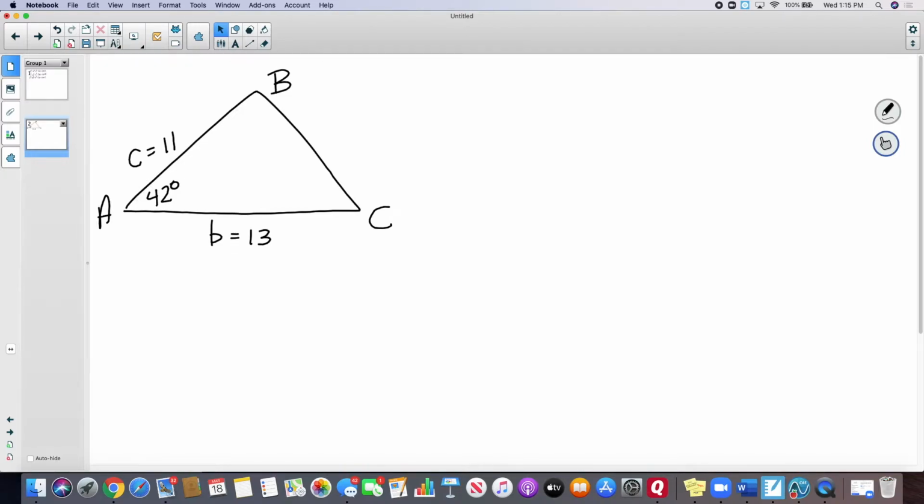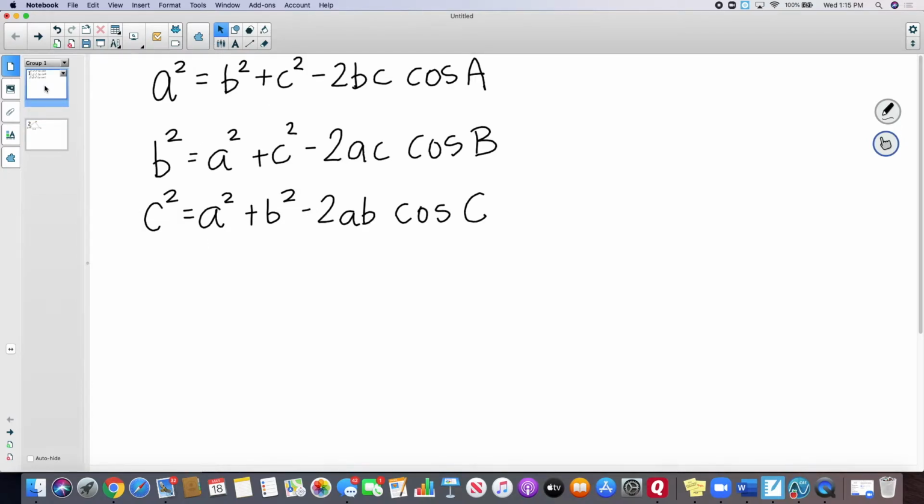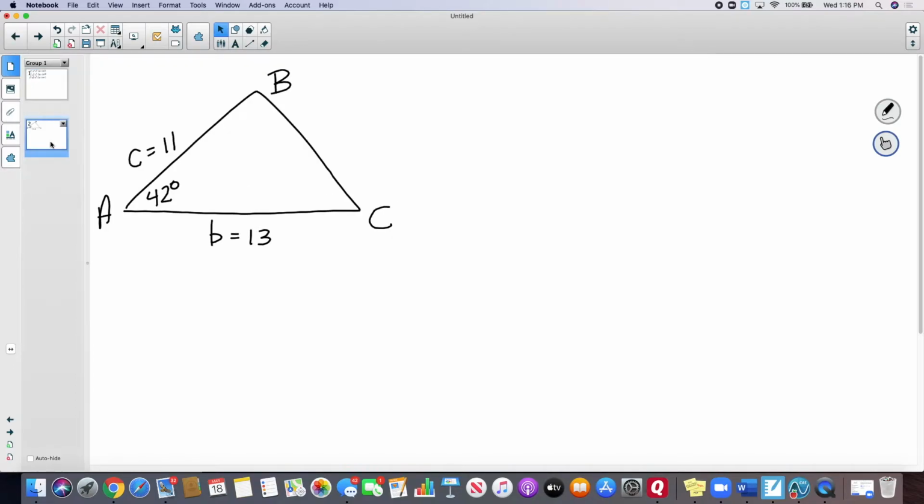And so if you go back here, I have three options that I can use. And I have to say, which one of these am I going to pick to use? Well, if you look in your picture, we have angle A. So I'm going to use the version where I have cosine A. Okay, so I'm going to use a squared equals b squared plus c squared minus 2bc cosine A, because I'm looking for this little a here.